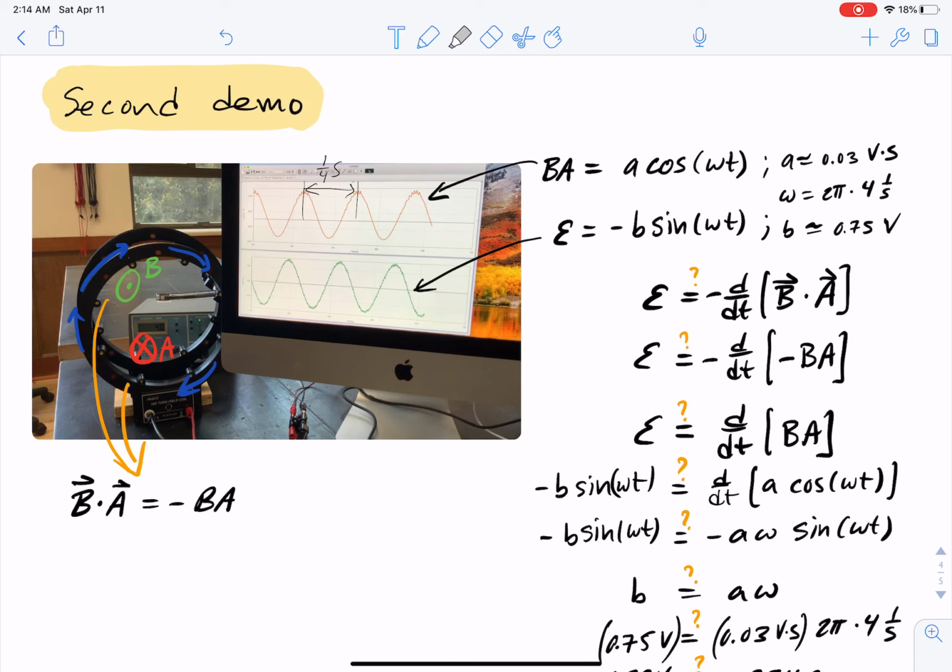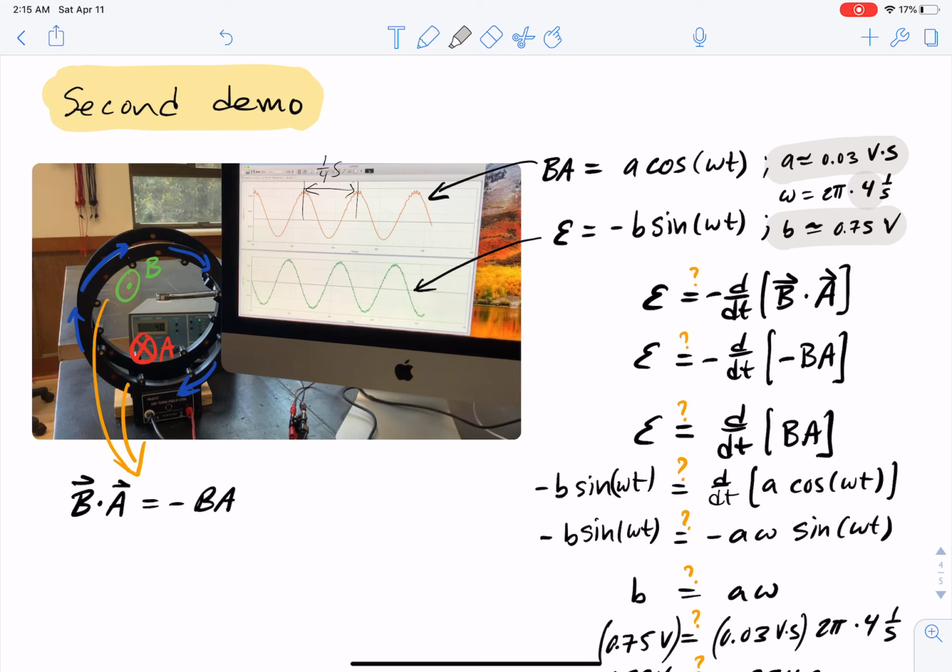I went ahead and took off the graph these amplitudes. So the amplitude of this was 0.03 down to negative 0.03, and the amplitude of this was 0.75 volts. Again, the frequency is 4 here, so the angular frequency is 2 pi times 4.